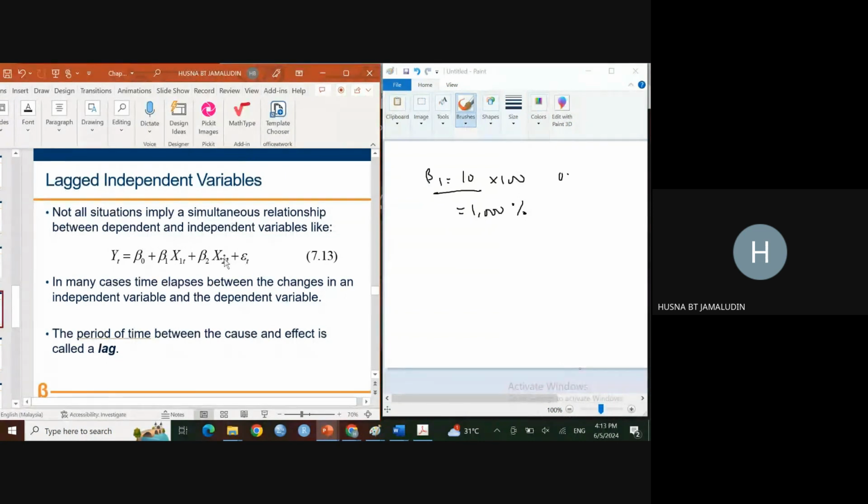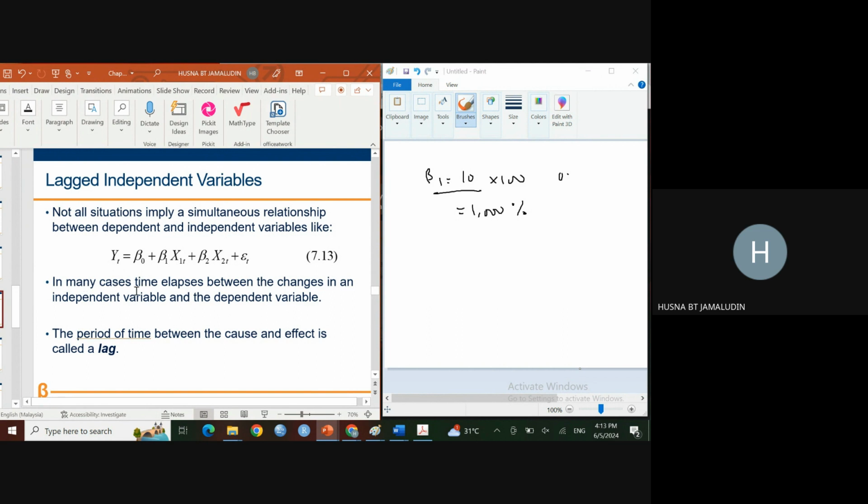Simultaneous means when x1 increases, y will change at the same time. But in certain cases, when x increases, y will change later, maybe next year. So this is what we call lagging impact, or lag independent variable. The impacts are a bit lagging.